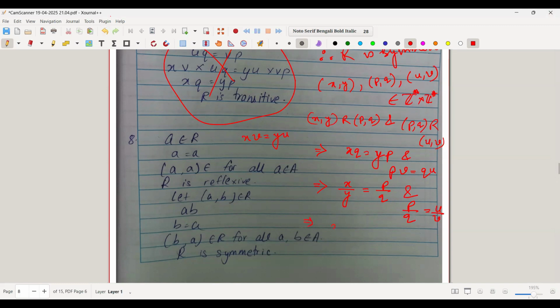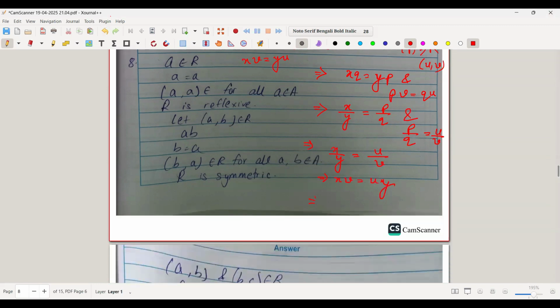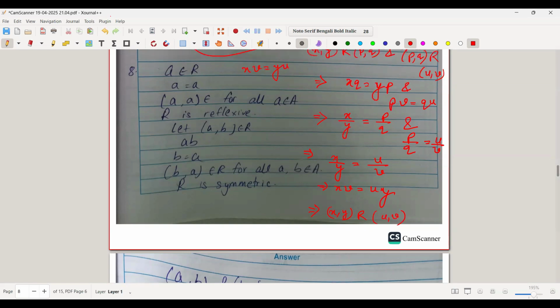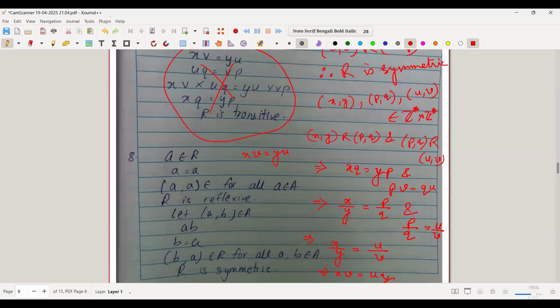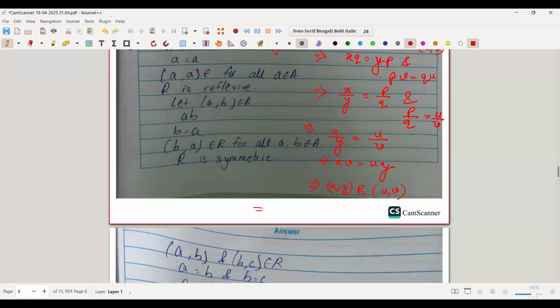So that implies x by y equal to u by v. This implies xv equal to uy. That implies (x, y) related to (u, v). So R is a transitive relation.